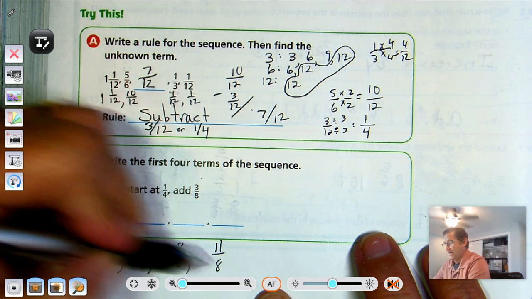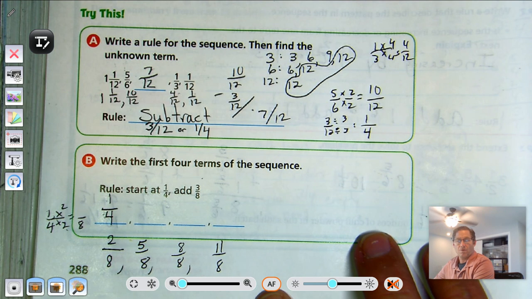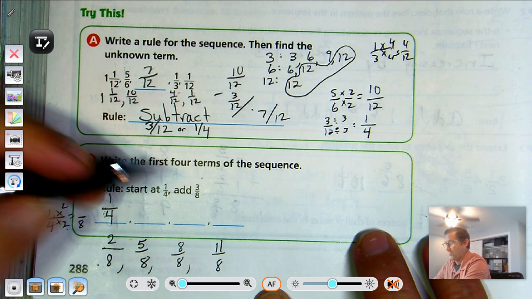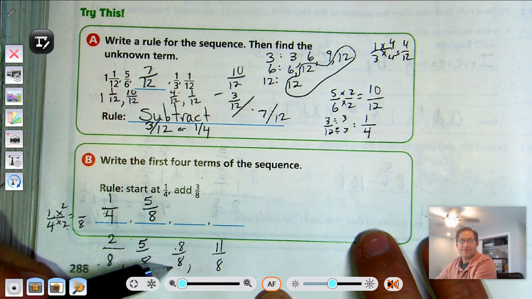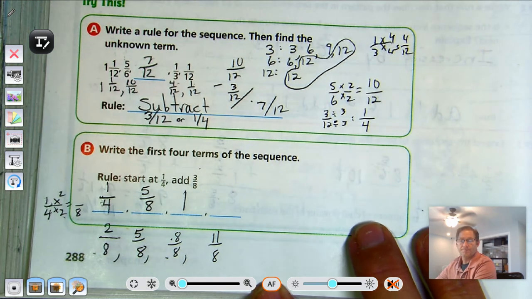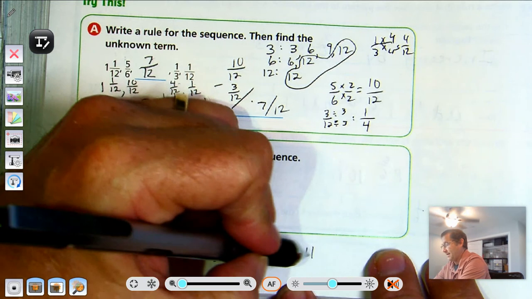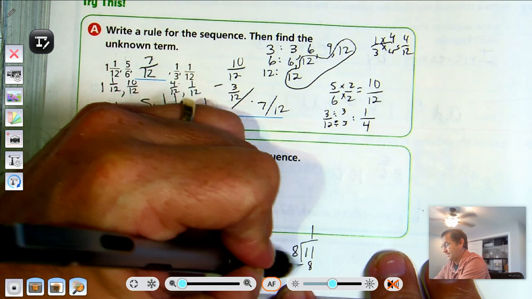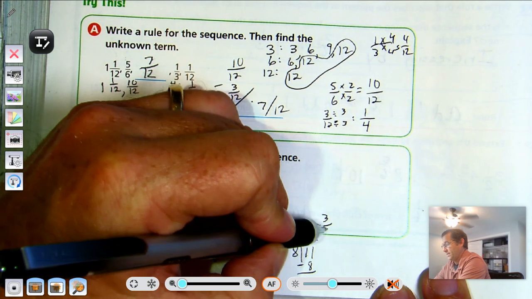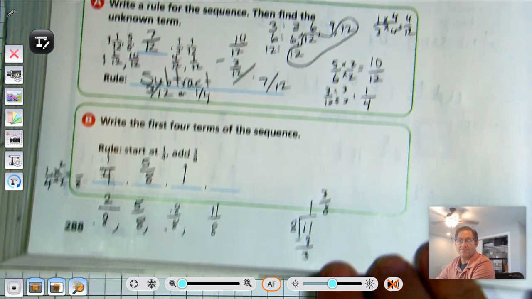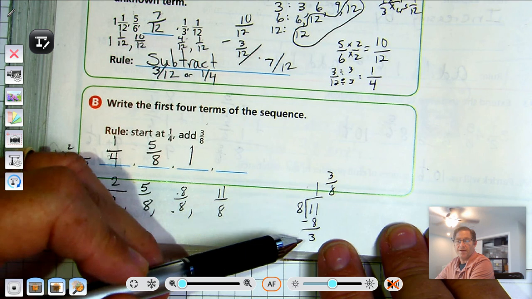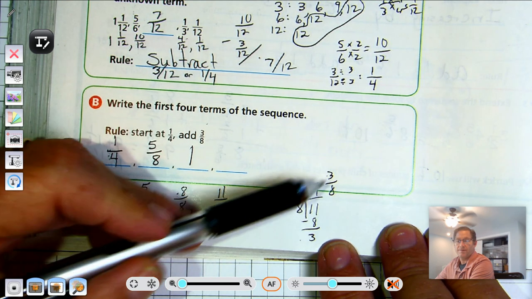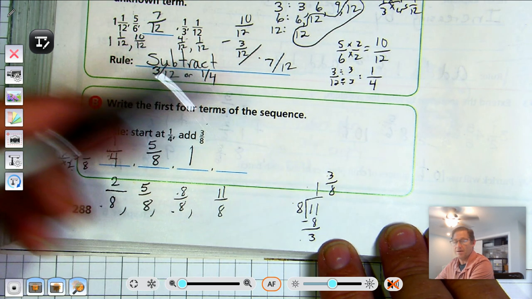and 11/8. All right, so 2/8 is the same as 1/4. Then we would have 5/8, 8/8. That's the same as 1. And 11/8. 11 divided by 8 would give us 1 and 3/8, right? The quotient is the whole number, the remainder is the numerator, and the divisor is the denominator.